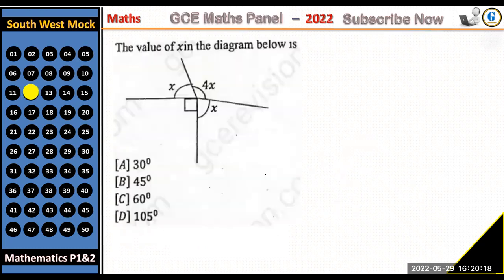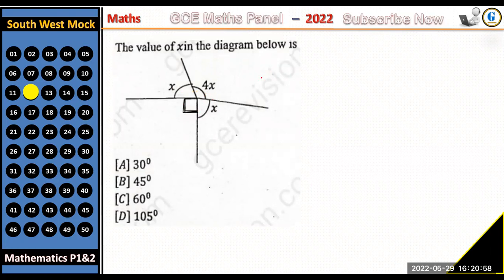Question 12. The value of x in the diagram below is, now when you look very well, this angle is 90 degrees.